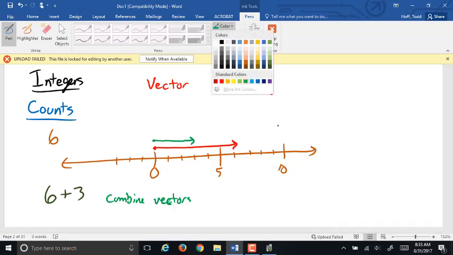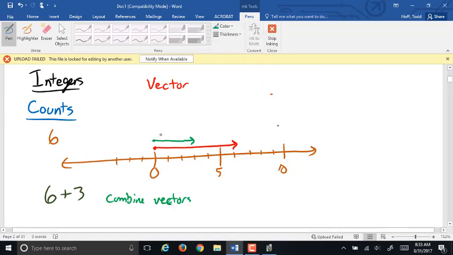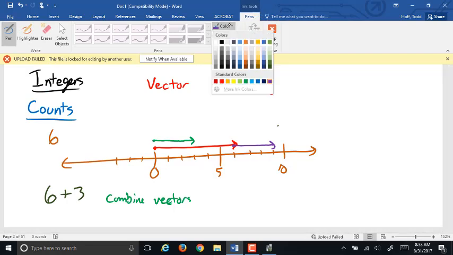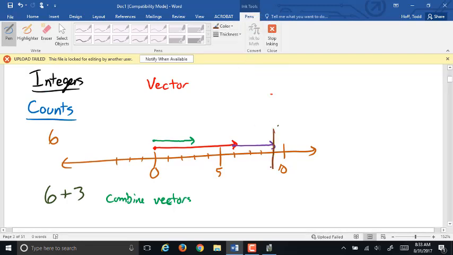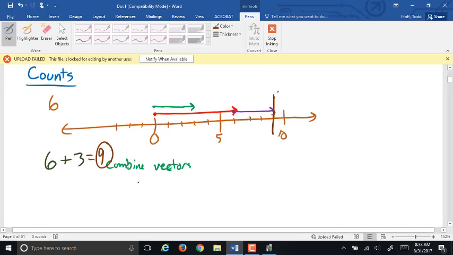If I have a 3 here, to put them together, I'm going to take the vector for the 3, and I'll move it over and put it with the 6. And you can see when I put those two vectors together, they end up at 9. 6 plus 3 is 9. Hopefully we all knew that before we started today. But it's that definition that allows us now to look at integers, negative numbers.